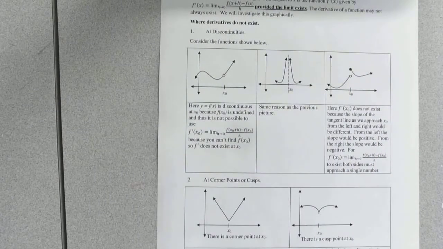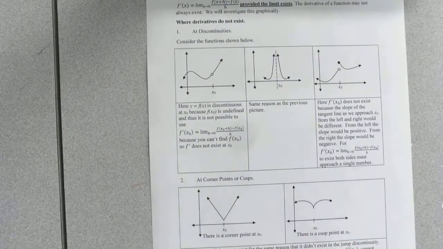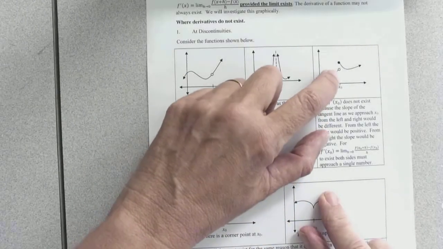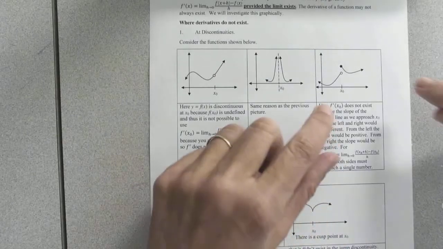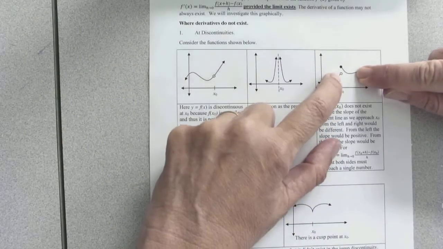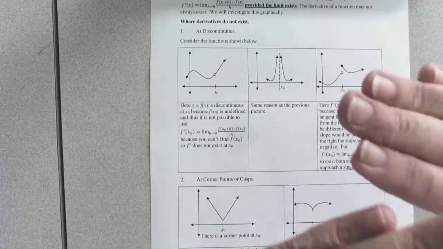And then we have a jump discontinuity. Now, it's a little different reason here. It's not because I don't have a y coordinate. This guy has a y coordinate right there. The reason here is that if I think about slopes, remember limits have to be two-sided, so we're talking about slopes. And so doing the two-sided limit of that derivative limit which represents slope, on this side the slope is positive, on this side it's negative.